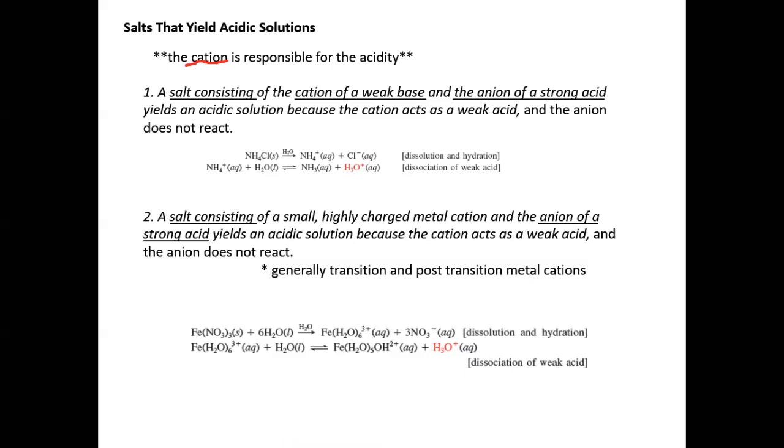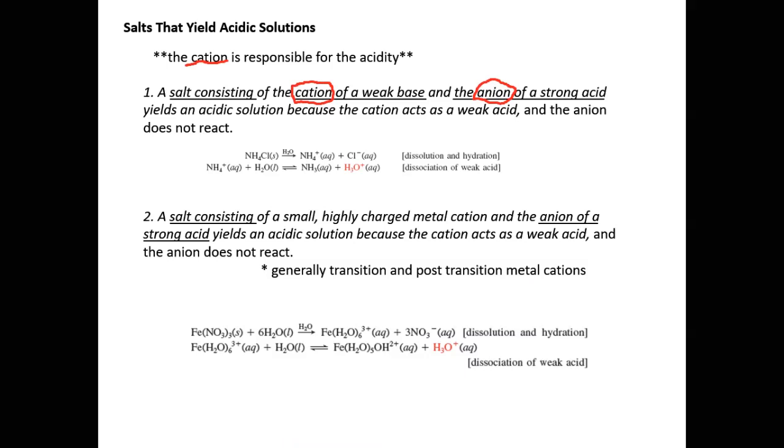The cations we talked about on the previous slide are not acidic cations. A salt consisting of a cation of a weak base and the anion of a strong acid yields an acidic solution because the cation will interact with water.